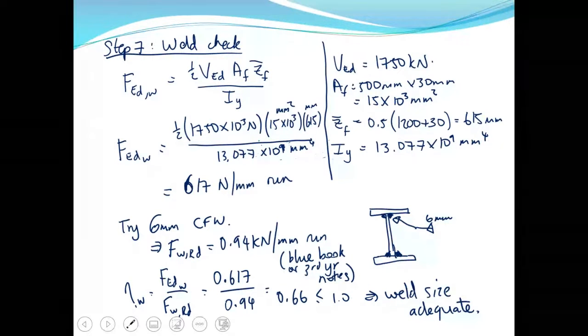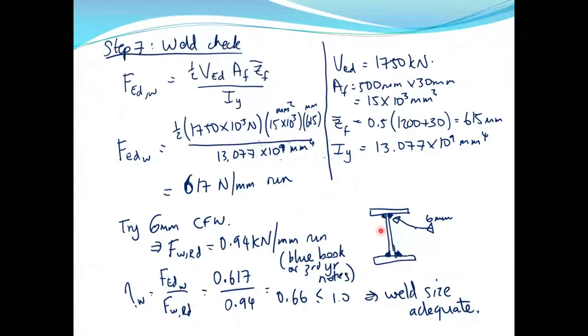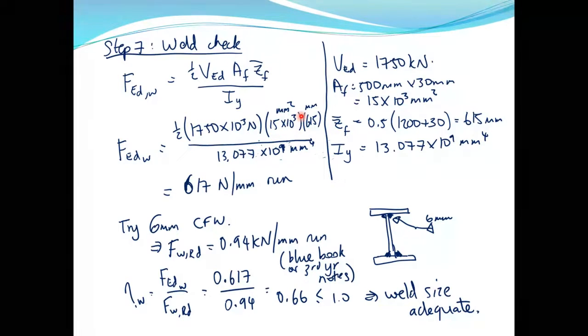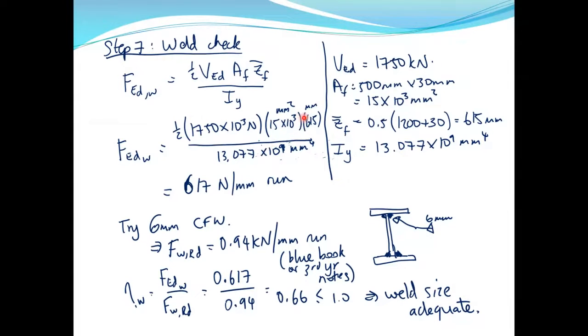Okay, so that's step 7, the weld check. So to make sure the weld works, this is taken straight out of example 1. But in this case, instead of 1,750, we replace that with 2,100 because that is the shear force. We have the same area, same cross-section shape, so everything else is the same. That gives us what the demand is on the weld, and then the capacity of the weld, if it's a 6 mm continuous fillet weld, is 0.94 kilonewtons per meter run, which comes from the blue book.